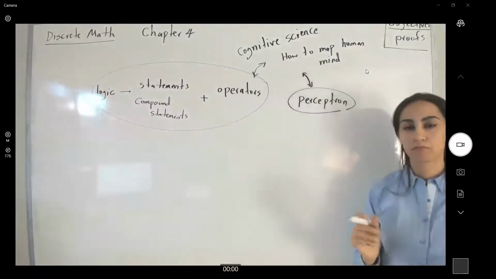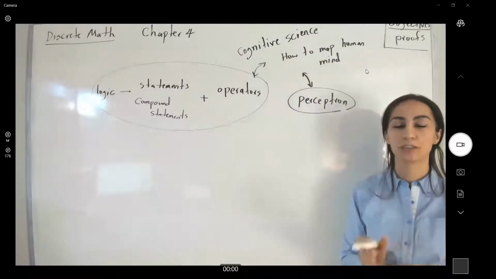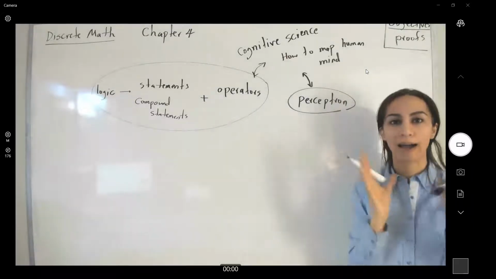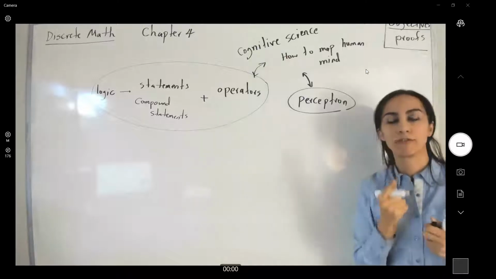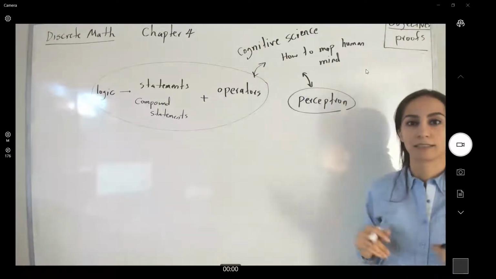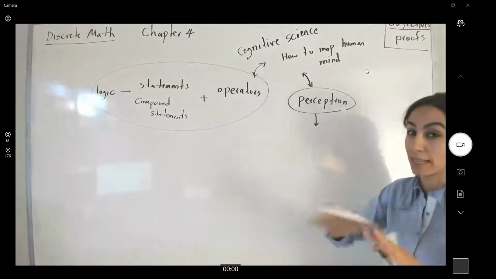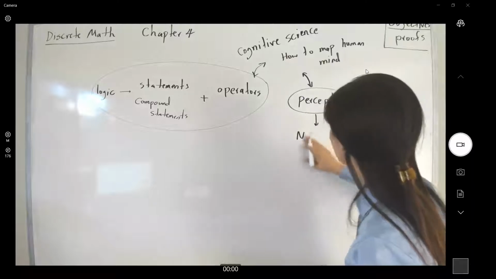Well, they use perceptron to define neural networks, how our brain works, how our mind perceive different things and interpret that, and then we analyze it using logic. This is one of the examples in many neural networks.